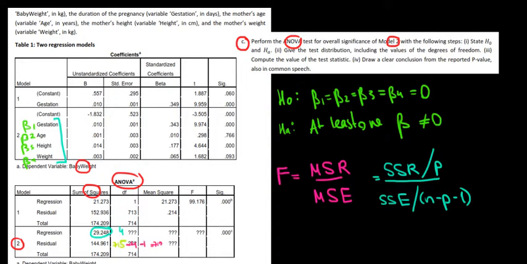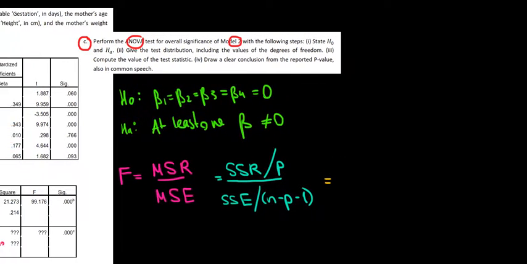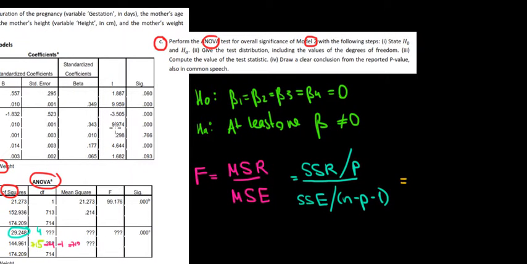So let's plug in these values and compute the F statistic. The sum of squares of the regression is equal to 29.248. So 29.248 divided by 4, all of that divided by the sum of squared differences of the residual, which is 144.96 divided by 710.